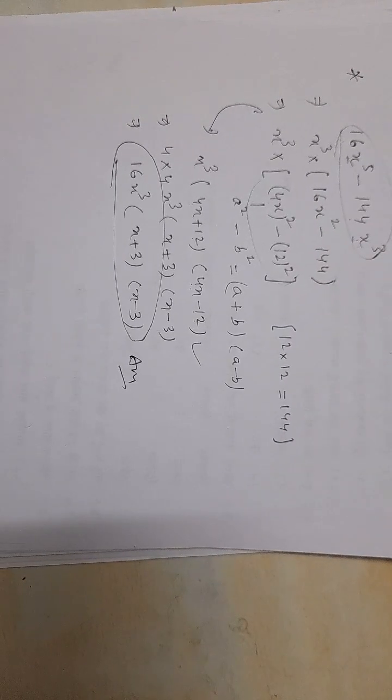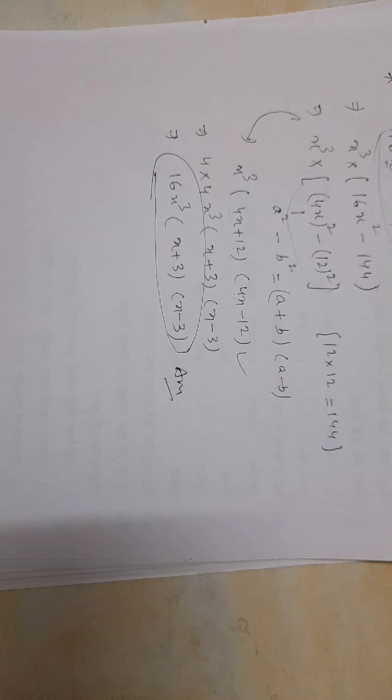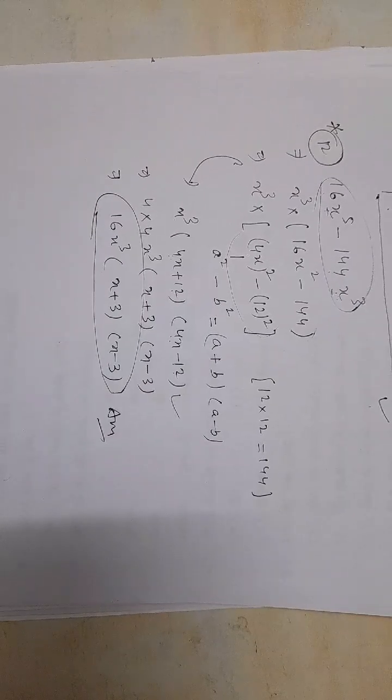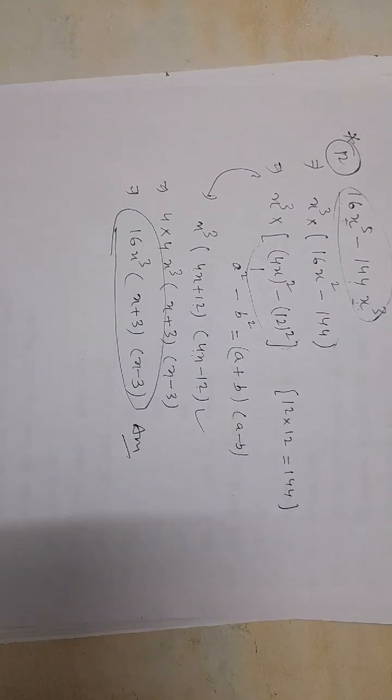This is one of the questions that I have taken from R.S. Agarwal book, exercise 7b, question number 12. If you are carrying this book, you can see exercise 7b and question number 12. Now see another question. I have another question based on the same formula.